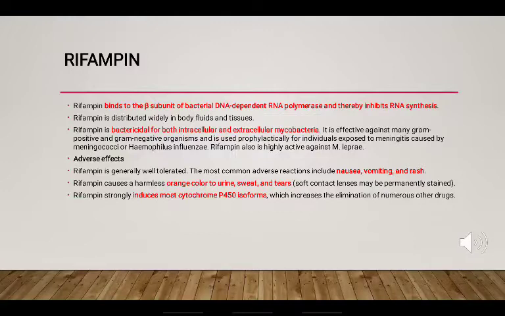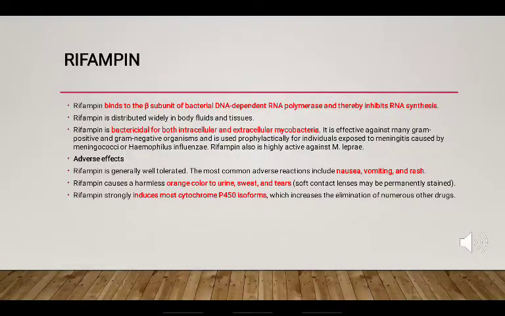Another good thing about rifampicin is that it is effective against both intracellular and extracellular mycobacteria. So it is effective against the mycobacteria that reside inside the cells and the ones that are found outside the cells as well. Also, it's effective against many gram-positive and gram-negative organisms.